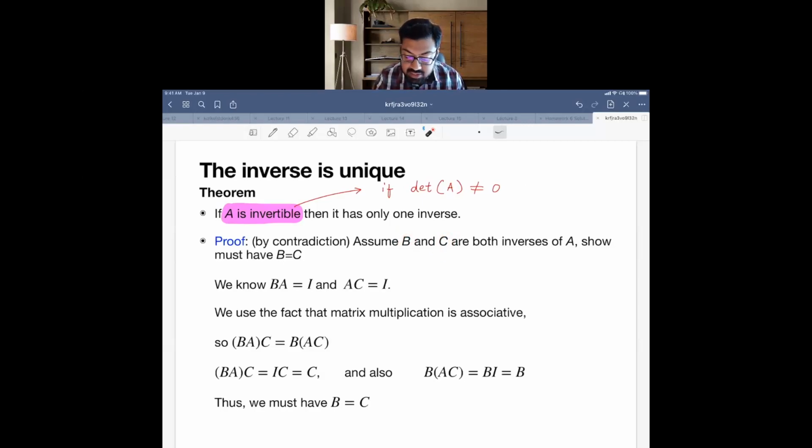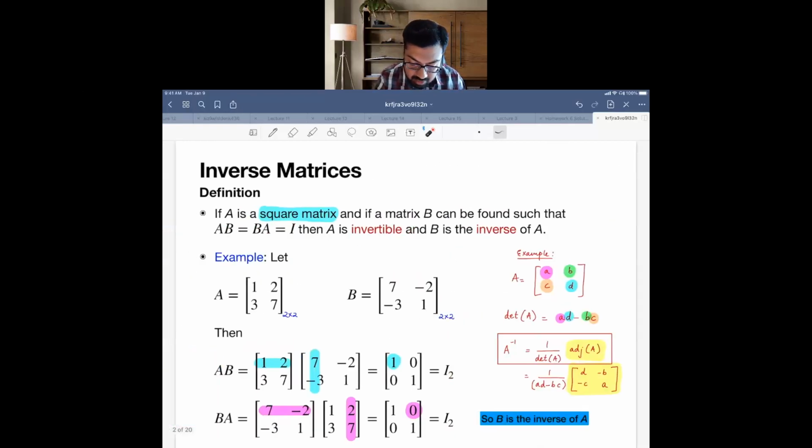So if B is inverse of A, then we can write this: BA equals identity. And if C is the inverse of A, then we can write AC equals identity. This is from the definition of identity matrix, which we have written over here. For the first one, I'm using this, and for C, I'm using this.